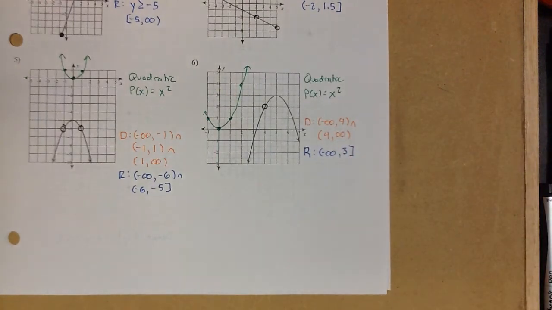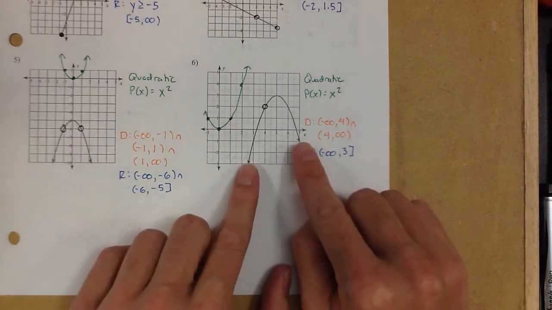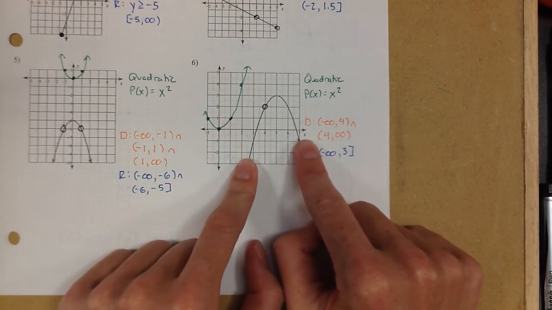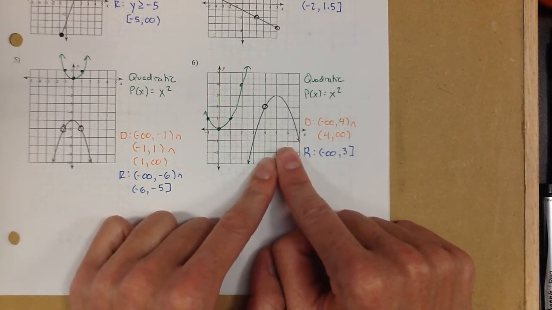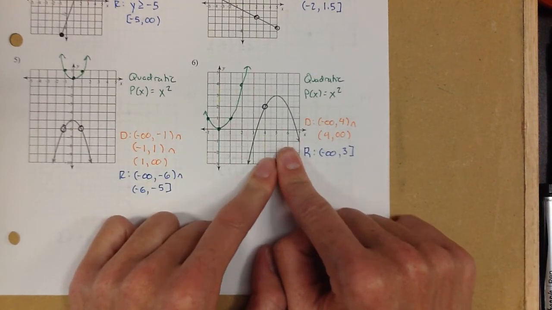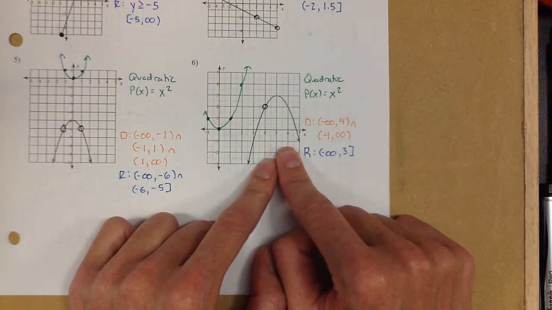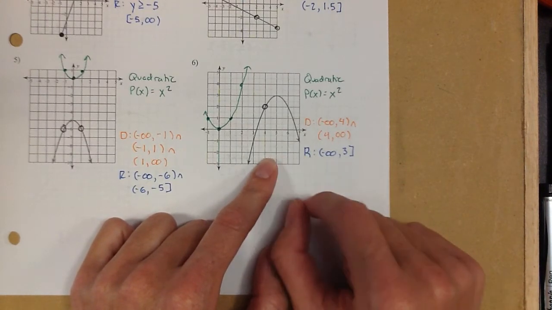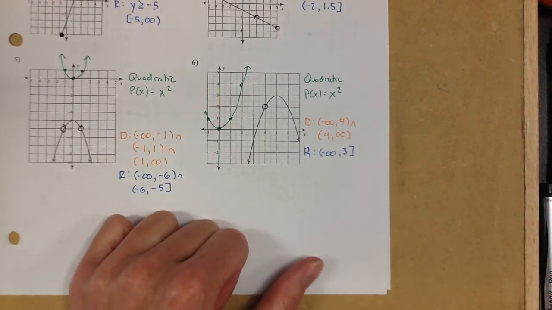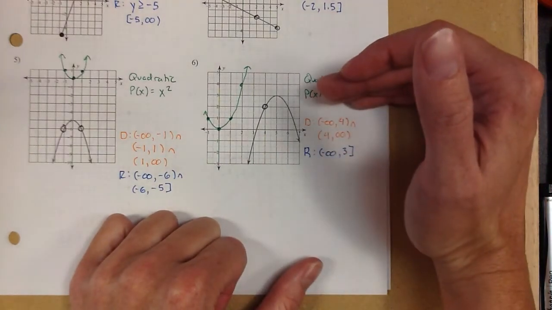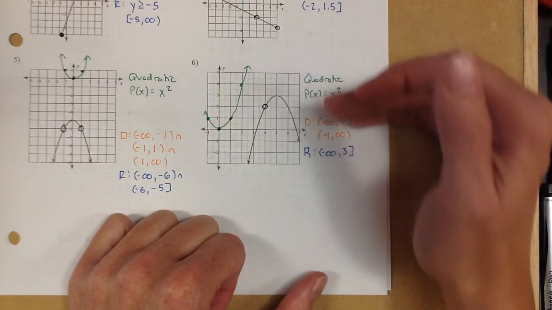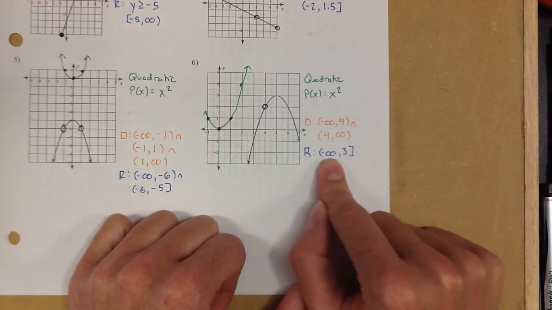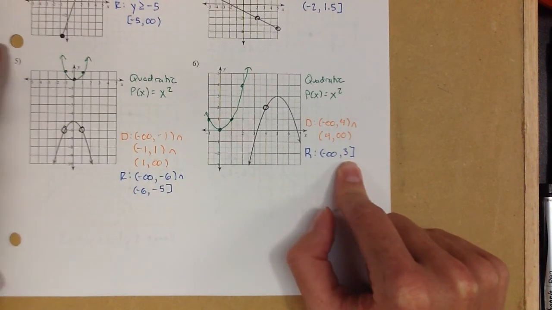The reason he is wrong is because if I took the two ends of this graph and squished them together, would you have a line that has a gap in it? No. So every y value between negative infinity and 3 has been accounted for, right? So the range is everything between negative infinity and 3.